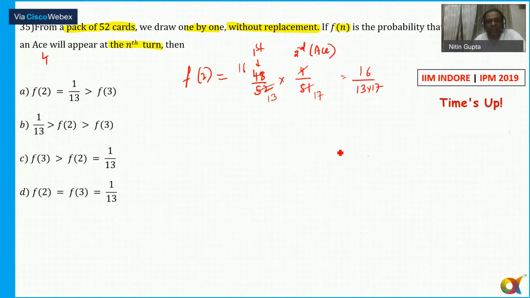So if this is the value of F2, I can eliminate option A. I can eliminate D also. F2 equals 1 by 13. So 3 of the options are rejected. So what is the answer? The answer is definitely option B.